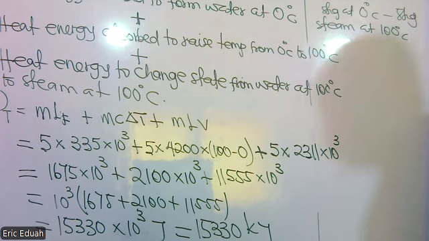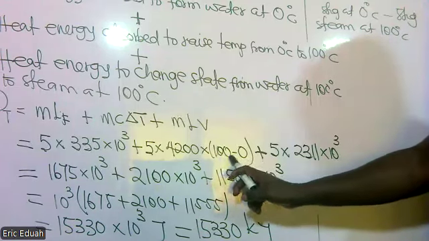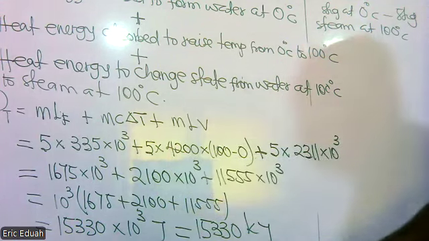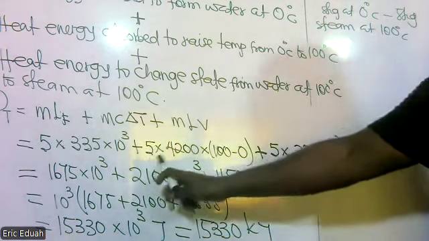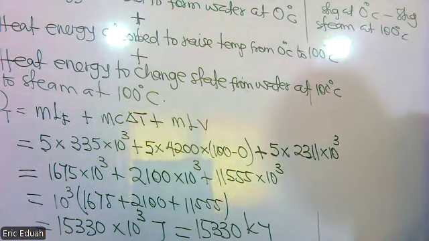The 100 is supposed to multiply. I multiply 5 times 4200. Let me cross check.